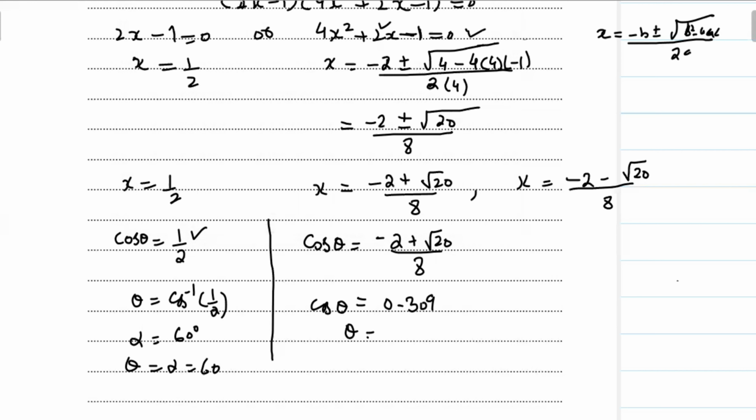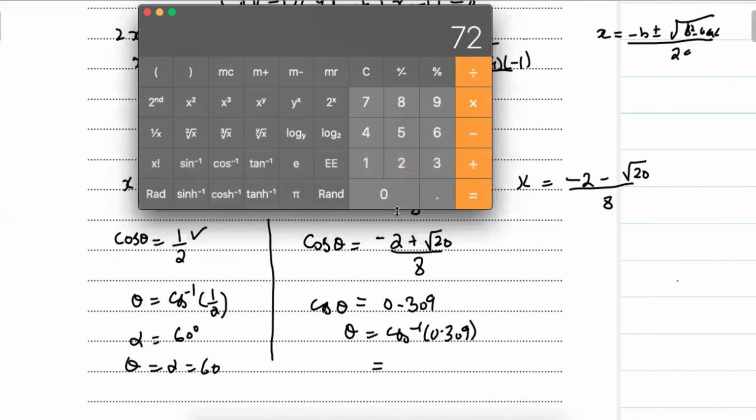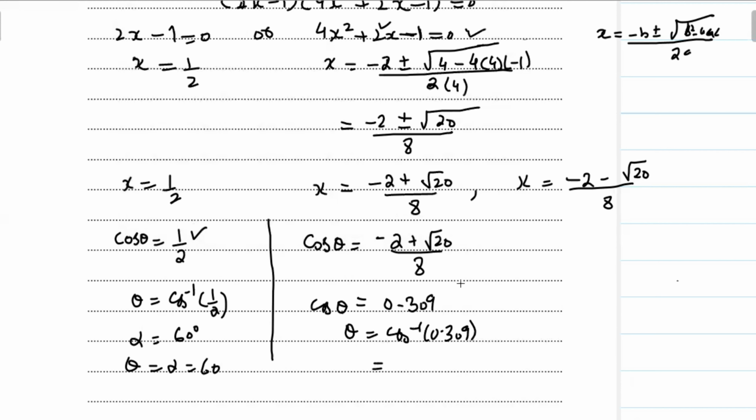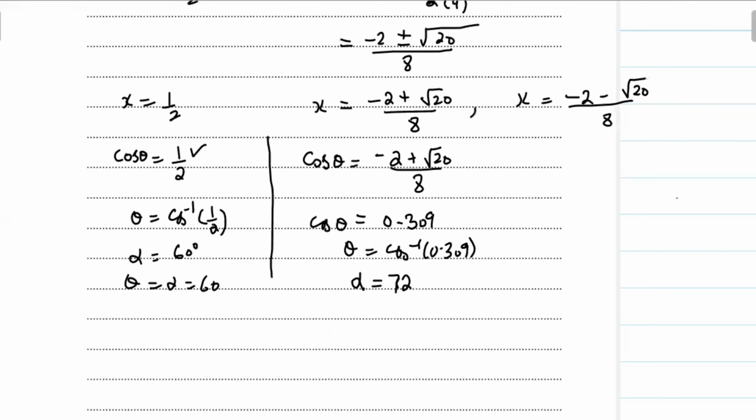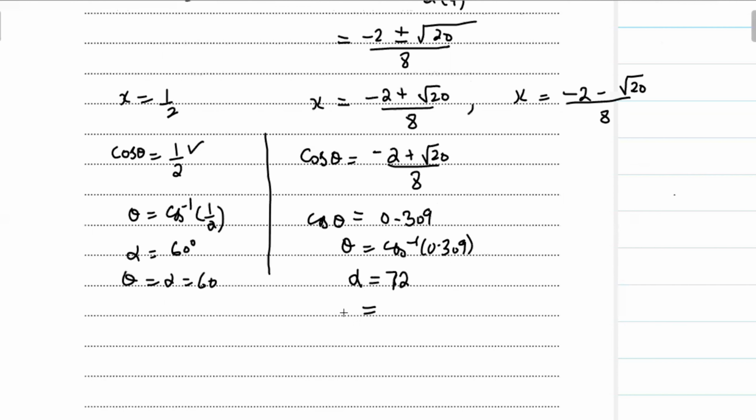Therefore, theta will be equal to cos inverse 0.309, and this value will be equal to 72 degree. Therefore, for the acute angle value, alpha will be equal to 72 degree, and in the first quadrant theta will be equal to alpha, that's equal to 72 degree.